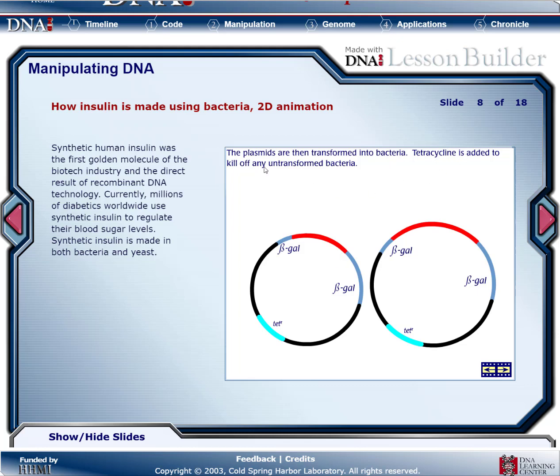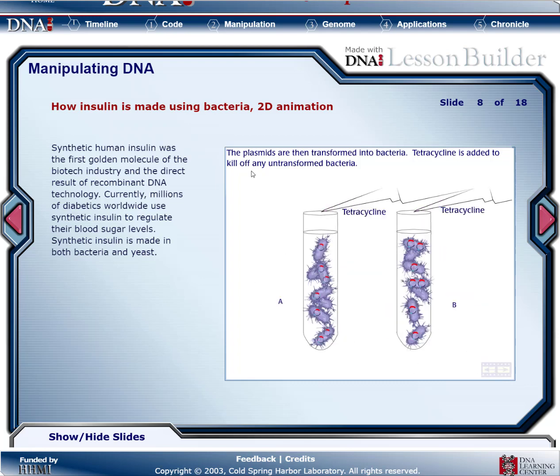Tetracycline is added to kill off any untransformed bacteria, so only the recombinant, transformed bacteria grow.